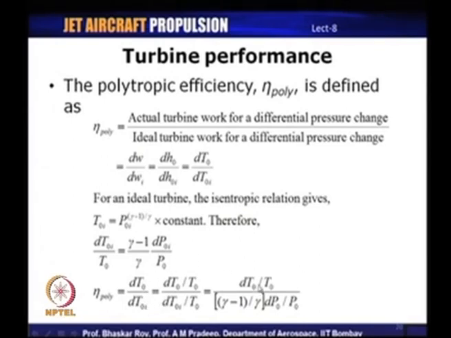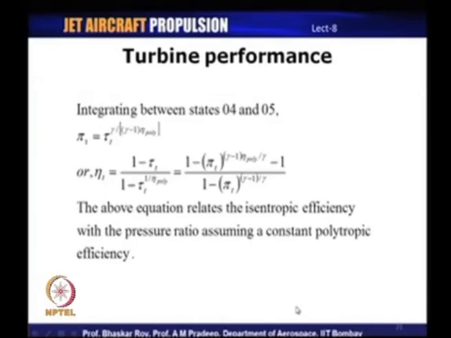This is again expressed in terms of the temperatures as dT0 by T0 divided by gamma minus 1 by gamma into dP0 by P0. So, if we integrate between states 4 and 5, which correspond to turbine inlet and turbine exit, then we get a definition of the isentropic efficiency of a turbine in terms of the pressure ratio and the polytropic efficiency.